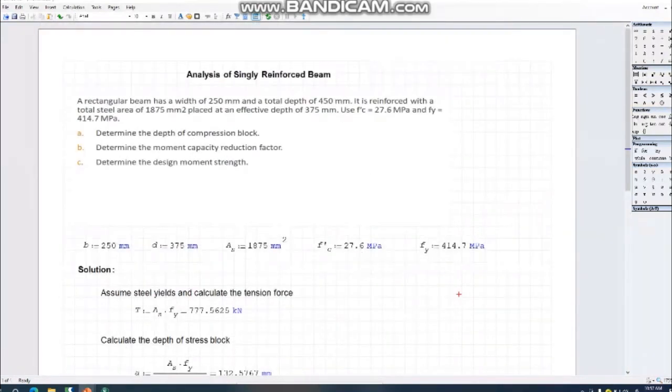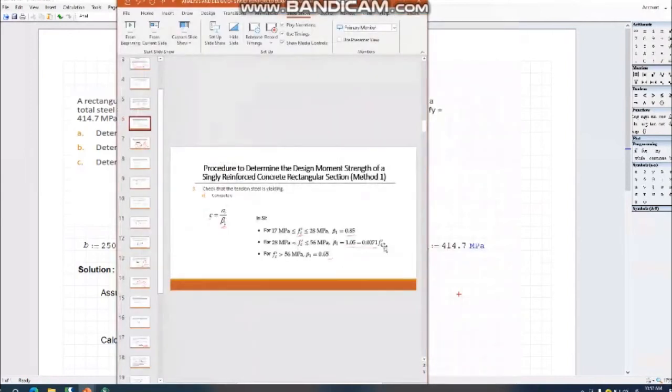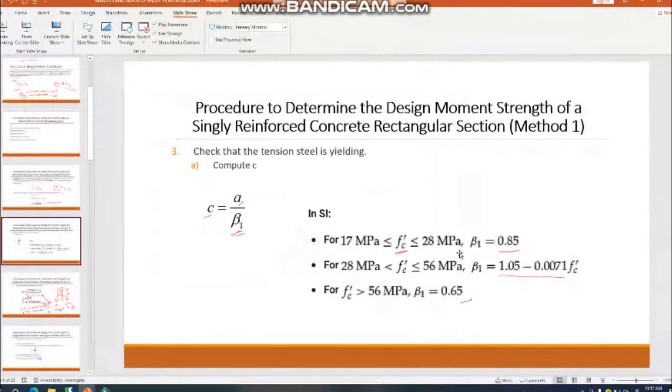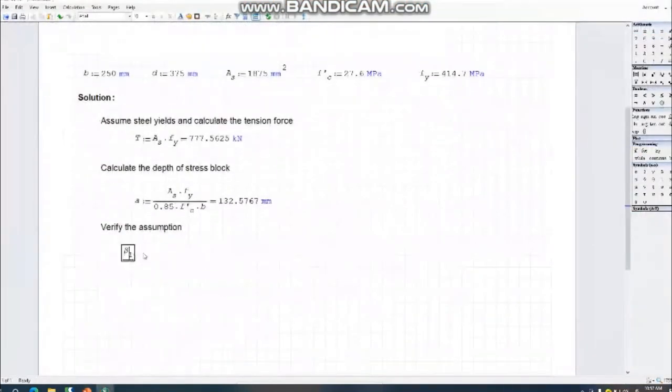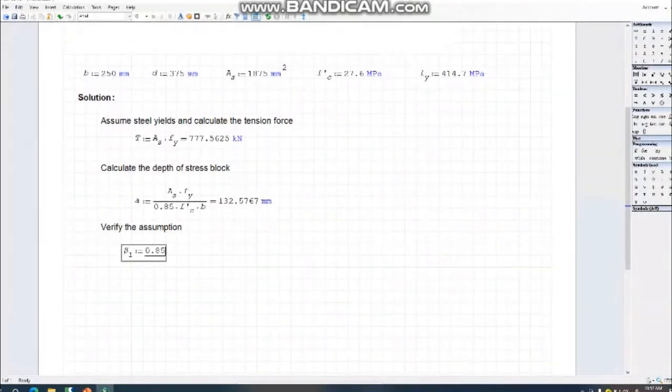Based on the slide, if fc' is less than 28 MPa, beta 1 is 0.85. Since 27.6 is less than 28, beta 1 is 0.85.